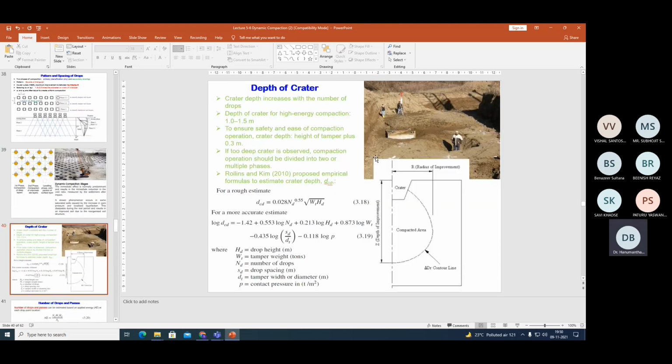Now, alternatively, can I determine the depth of the crater? For example, if you look at this schematic diagram, you can easily identify that right on the ground surface there is a formation of a crater, and right beneath this crater you can find the compacted area.